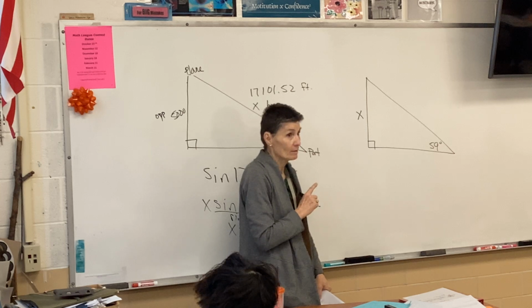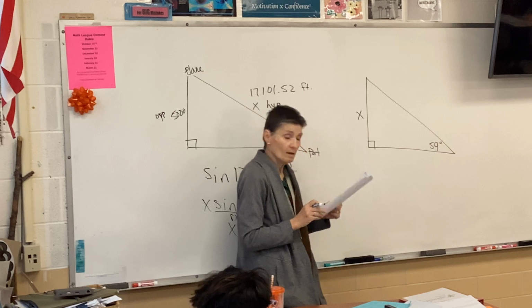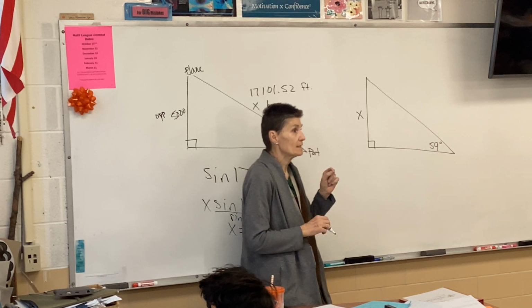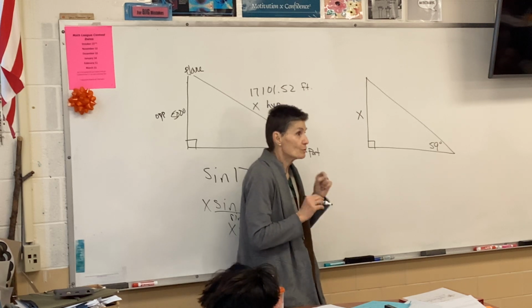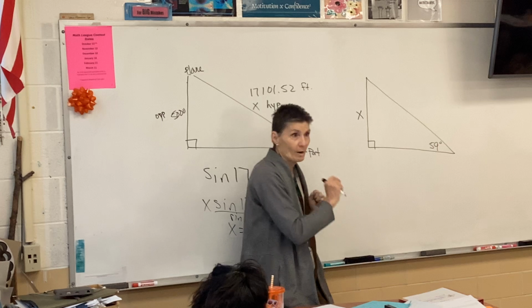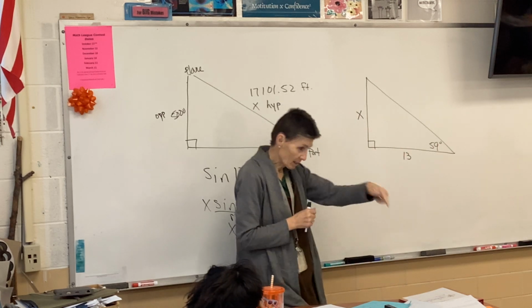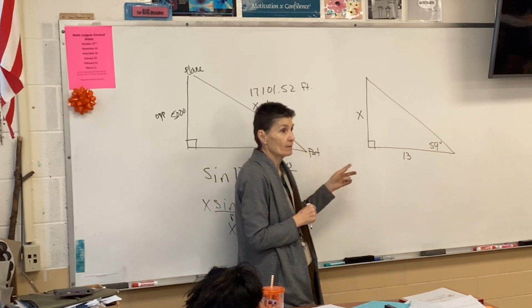Because it always goes there. And now I have to figure out where to put the 13. Now, what is the 13? The 13 is the shadow. Where do you see shadows? On the ground. So 13 is gonna go right here because that's where a shadow is. So the shadow's on the ground.